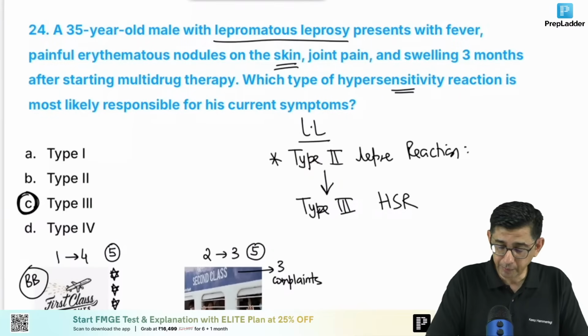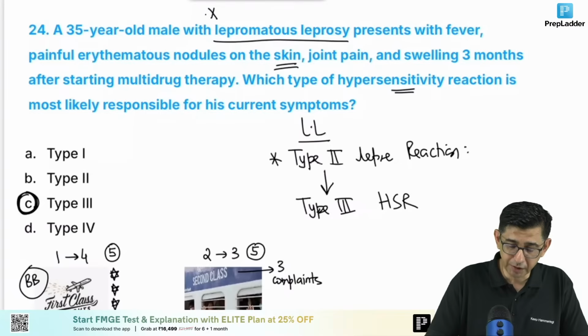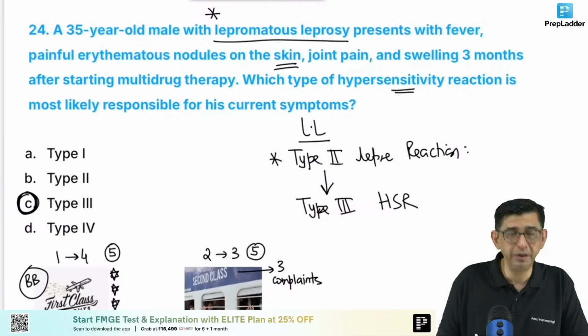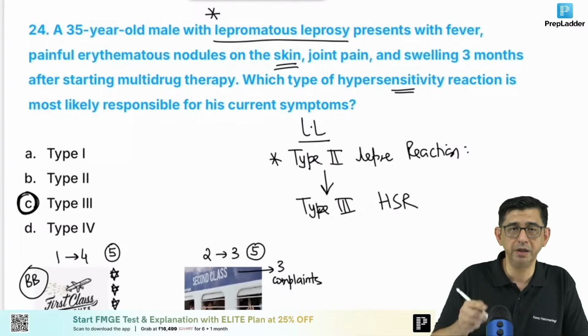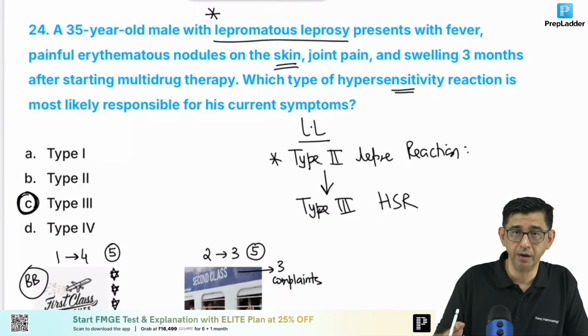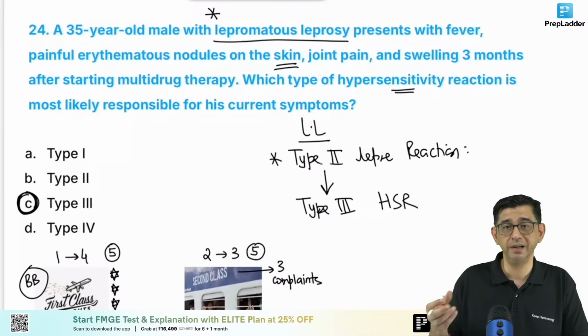How to know it's a type 2 leper reaction? Type 2 leper reaction, doctor, is seen with lepromatous leprosy when the treatment is started. If it is borderline, if it is written BB, BT, BL, if the word borderline is given, then it is going to be type 1 leper reaction. And if it is lepromatous, and why I'm saying this is because lepromatous will have more bacterial load. So more bacterial load will contribute, when you kill those bad guys, the inflammatory cytokines will cause aggressive manifestations.